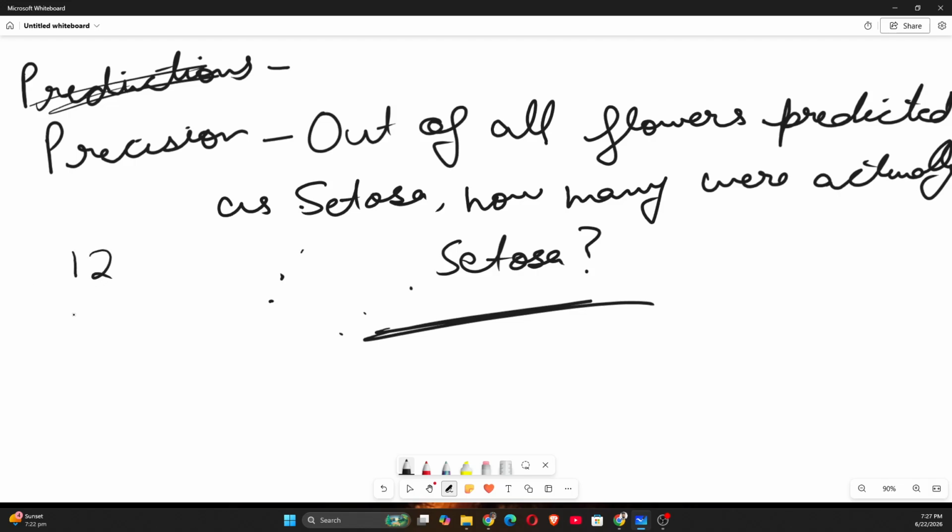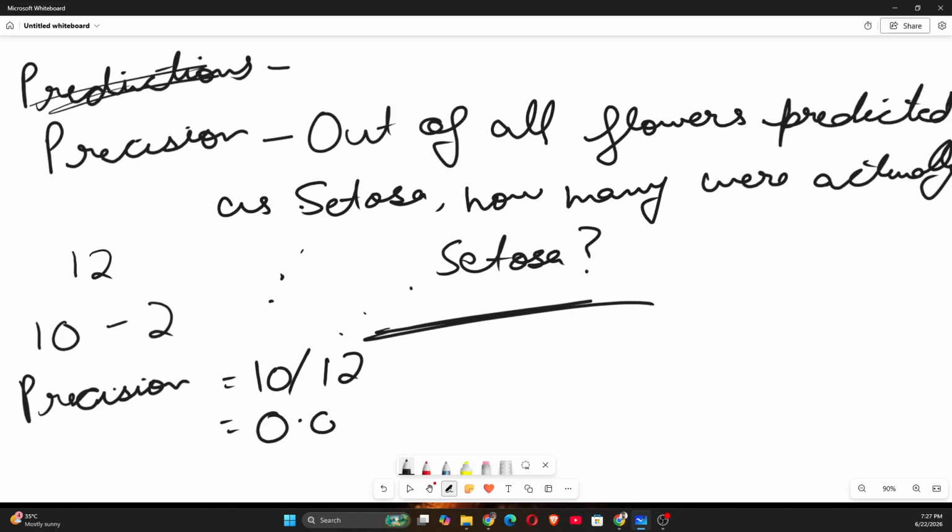as Setosas. If actually it would be 10 and 2 were not, then the precision would have come at 10 by 12, which is 0.83.